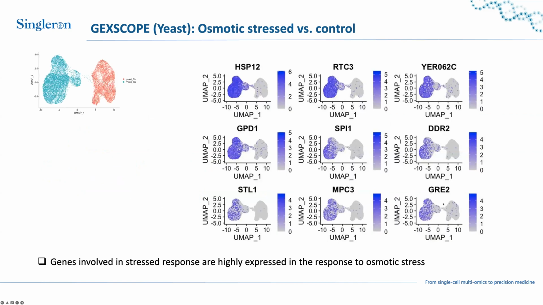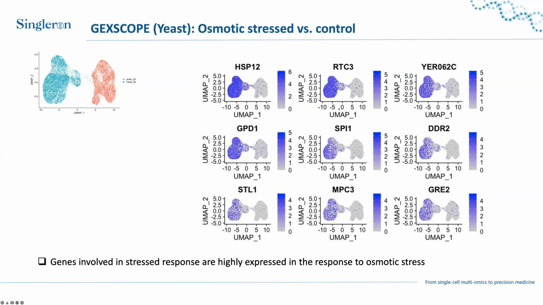When you look at it in a little more detail, here are genes that are very different between the two groups, and most of them were genes involved in stress response, which also makes sense because they are usually highly expressed in response to stress.